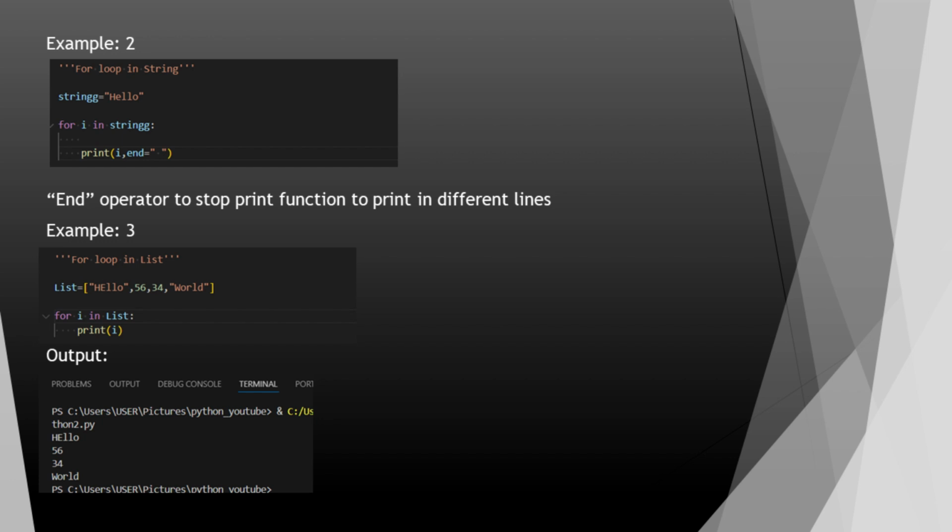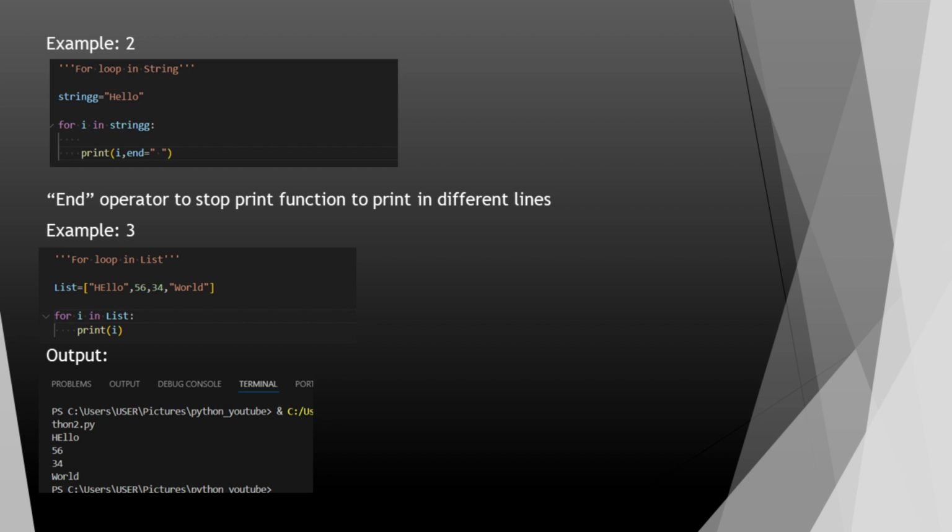So in previous examples, we saw how for loop works for a string. In example number three, I'm going to show you how for loop works for a list. Okay, so here I've written my list, and you can write anything in a list.